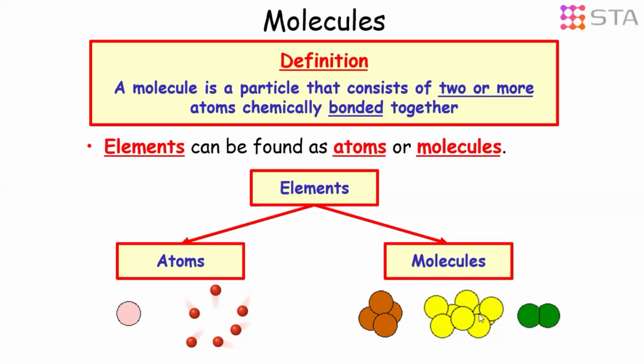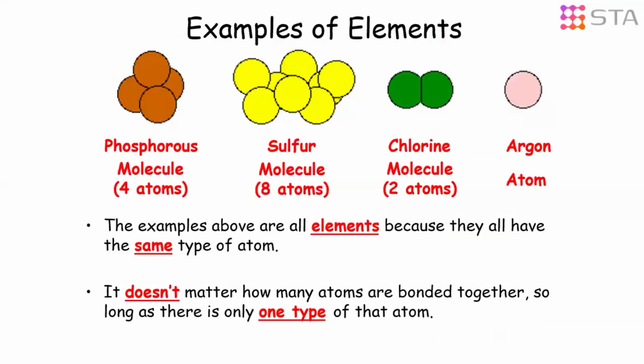As all the atoms are identical, the same type, this is still an element. And here we've got a simple molecule of just 2 atoms bonded together. And again, as the atoms are the same type, this is still an element. So elements can be atoms or they can be molecules at this stage.